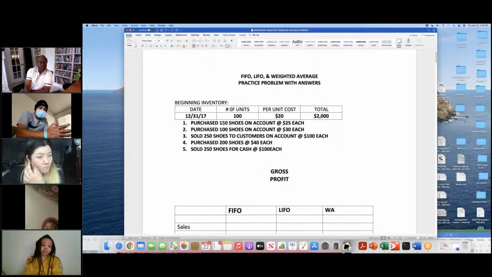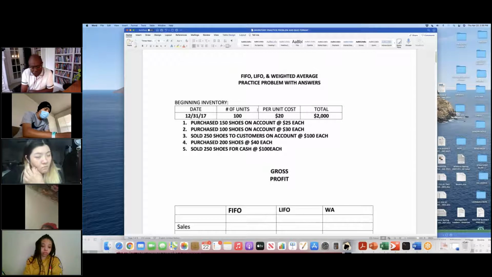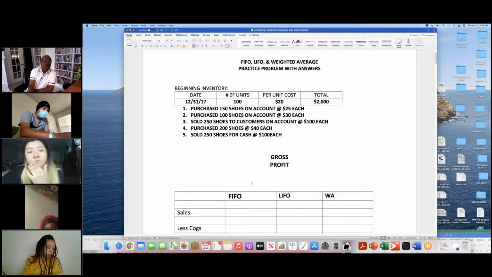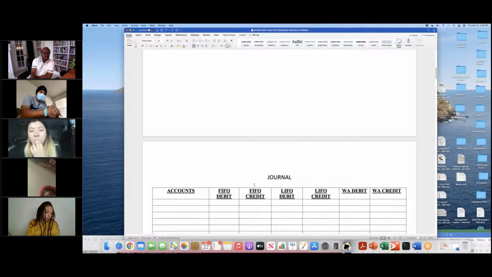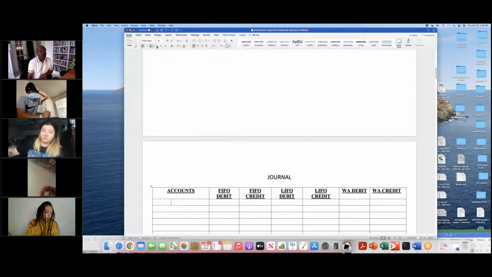So next, we purchased 150 pairs of shoes at 25 each. So the first thing we're going to do, we'll go ahead and make our journal entry. So we're going to debit inventory.